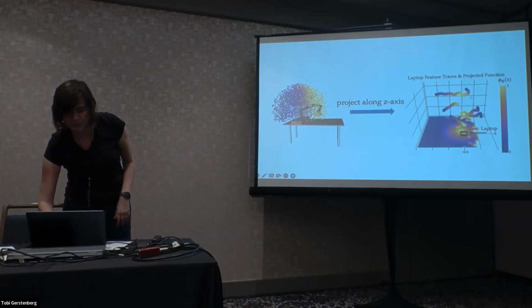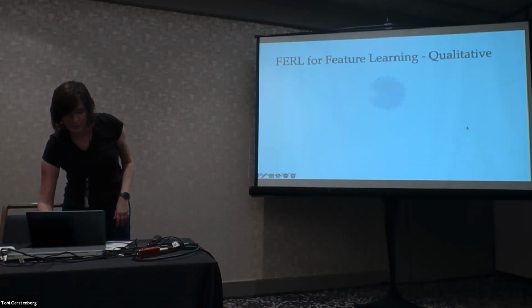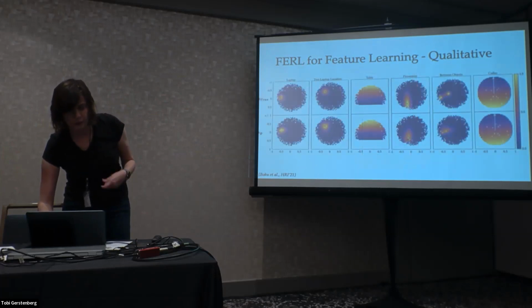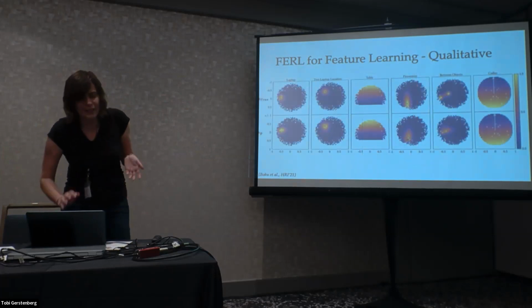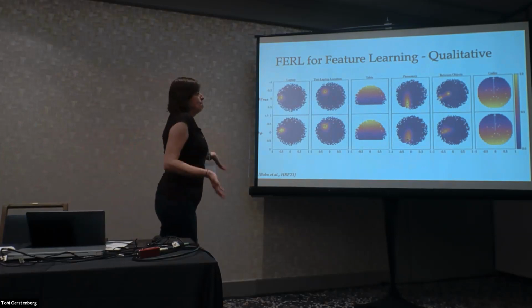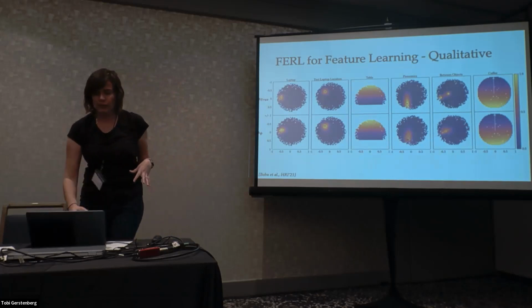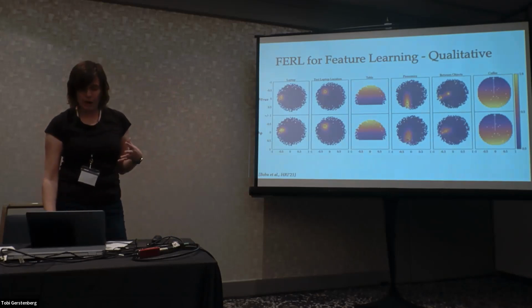What you see here is an example of some feature traces, and then the learned feature. Qualitatively, this is the feature Andrea was going for, and this is the feature that was learned. We tried this across different features, and it's not perfect, but it does a good job with most of them, localizing what is going on.